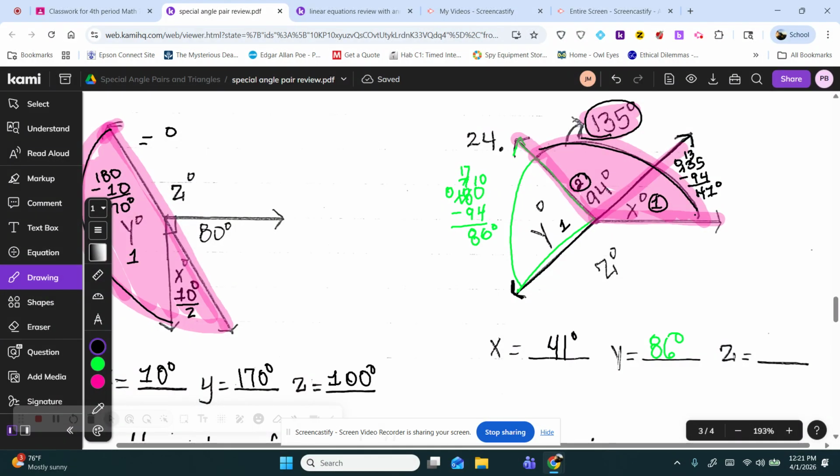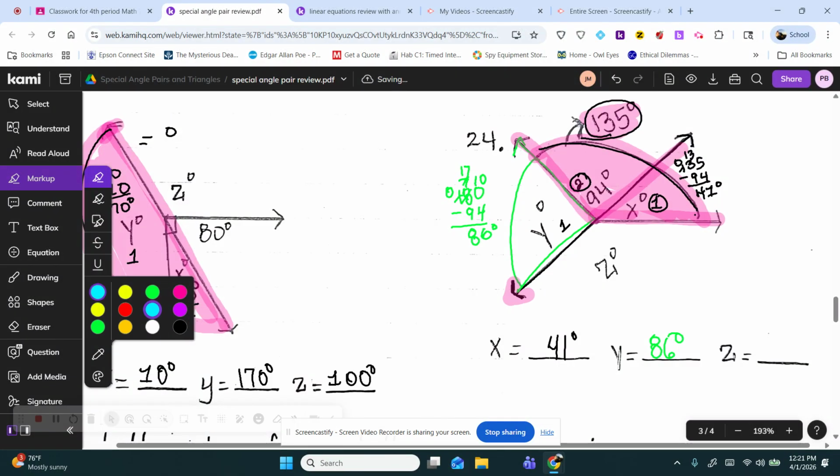And then all I have to do now is figure out z, which is pretty simple. So to figure out z, I'm going to do this in blue. Here is a straight line. And if I go underneath, there's a semicircle, guys. But we know the value of x. The value of x is 41 degrees.